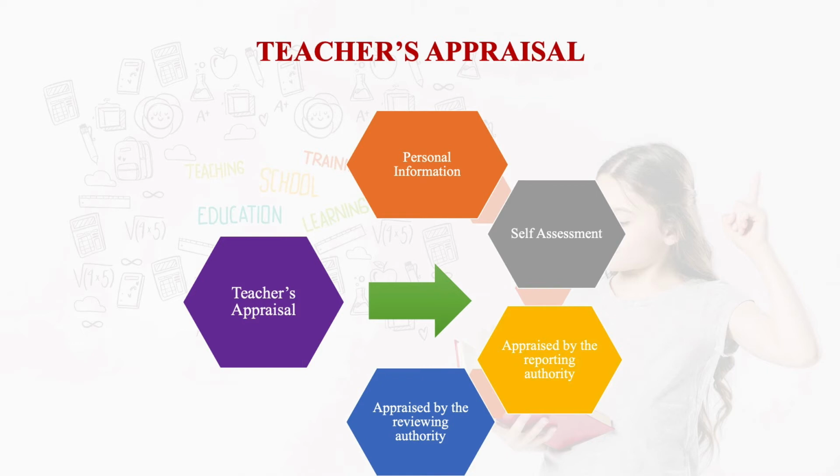And teacher's appraisal further is appraised by the reporting authority. So who is the reporting authority? The reporting authority of the teacher may be a principal or a head teacher, head of the school. So here the head of the school will go through the self-assessment in the teacher's appraisal, and will go through each and every aspect of it and take a decision whether things are happening properly or not.